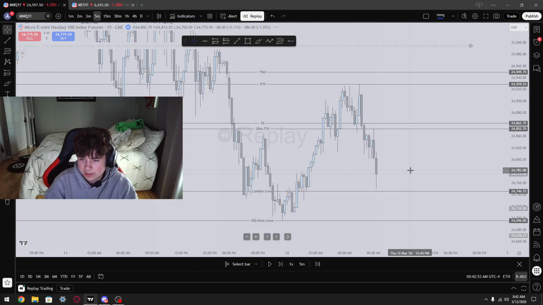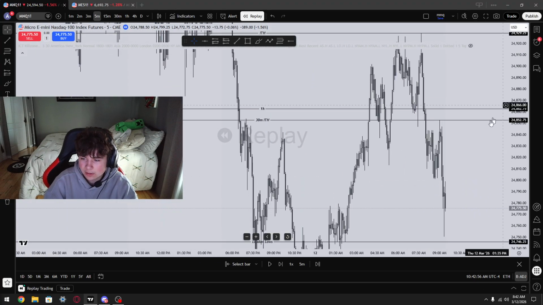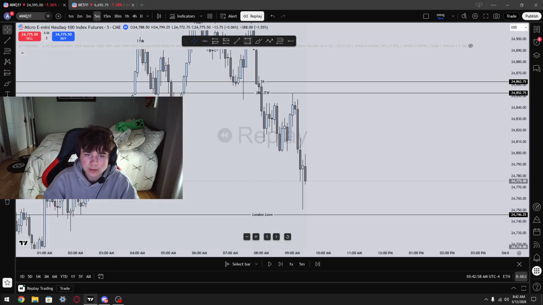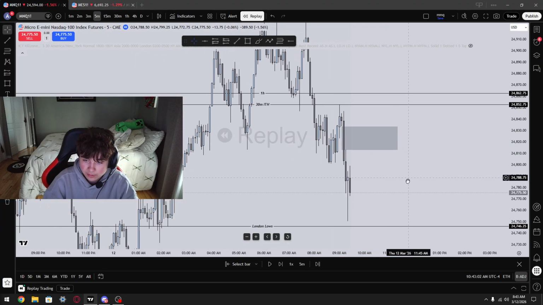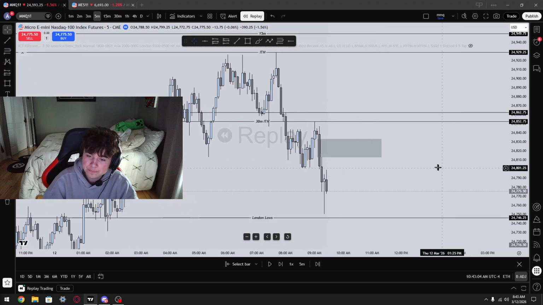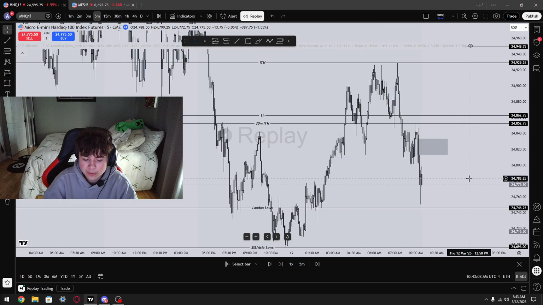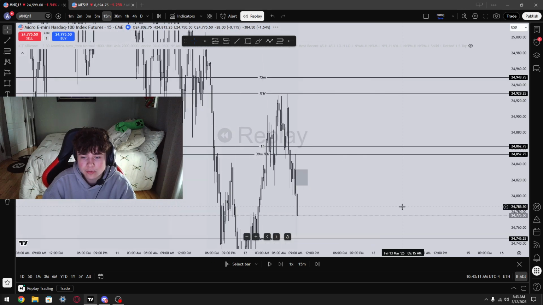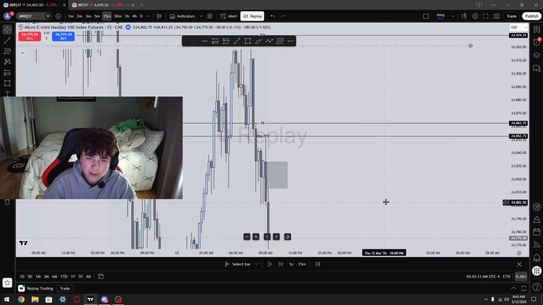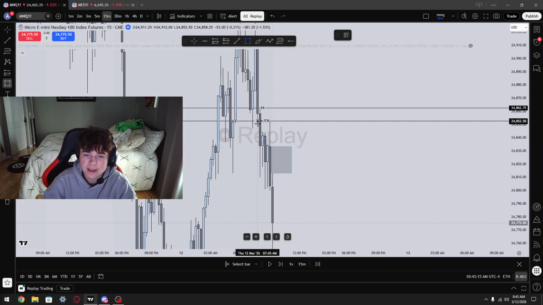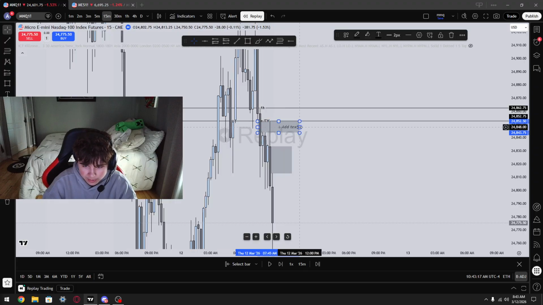My condition for the day was, what I wanted to see off the 9:30 open was to trade back into this 5 minute fair value gap right over here. It is a low time frame gap, and you don't want to be trading low time frame gaps looking for continuations like that. But the reason I wanted to see price retrace back into this 5 minute was because it was sponsored by this 15-minute gap that we are respecting.